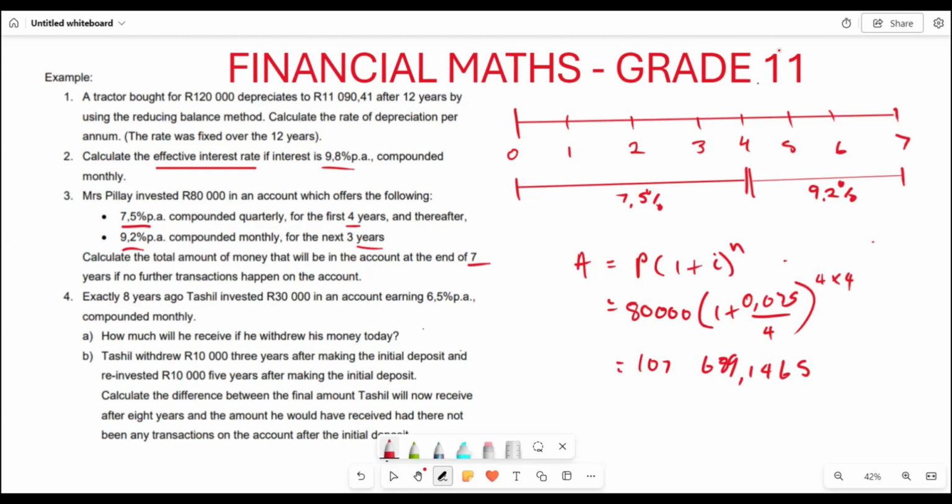And after then, what is it that you are going to do now? Then you are going to add more money, right? So you are going to take this particular amount as a principal amount and invest it for the next 3 years, right?